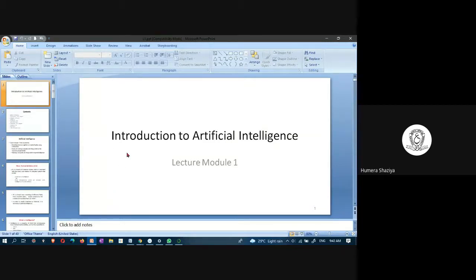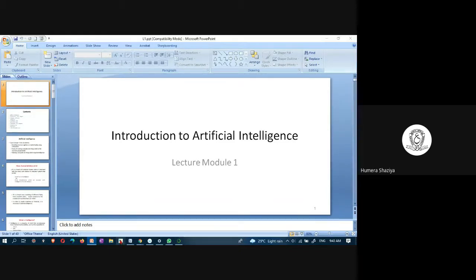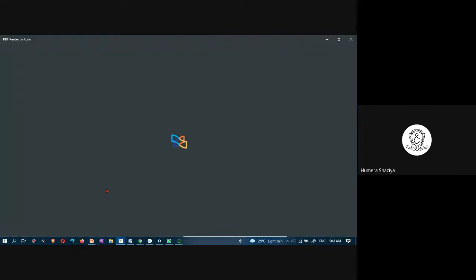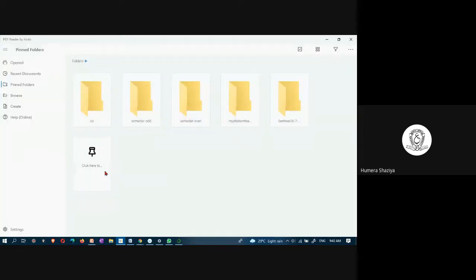Before beginning this, let me show you the textbook. You will find all the 4.5 units of AI in this textbook. The soft copy of the book is not available. One of your super seniors has scanned it, so I'll be sharing that scanned copy with you all.